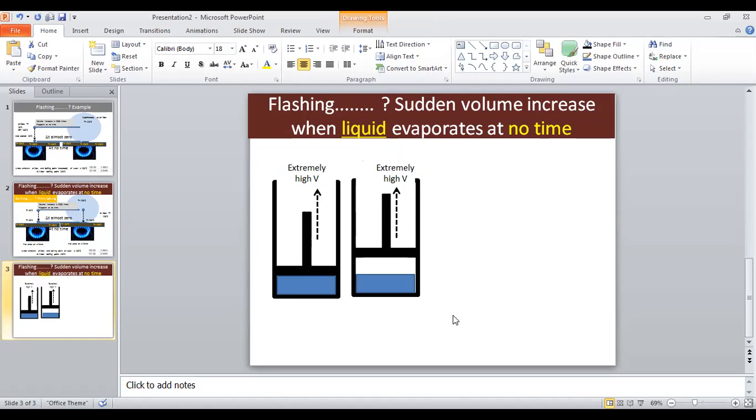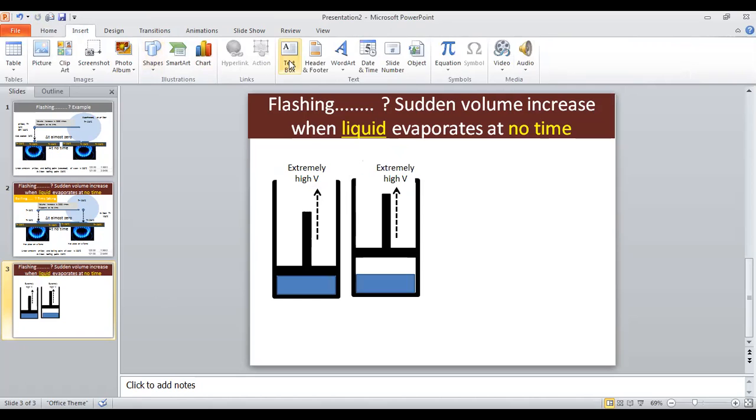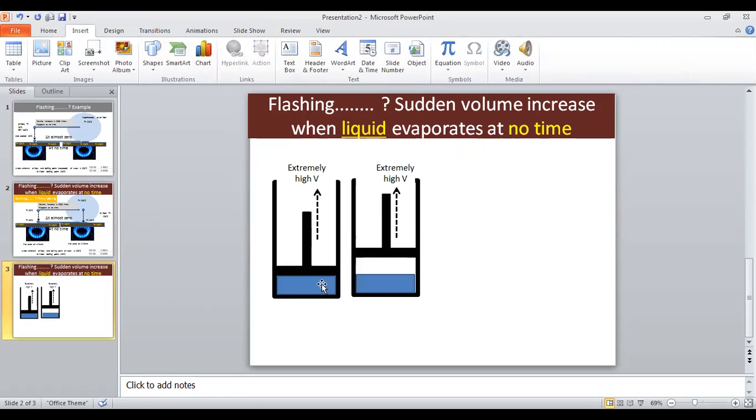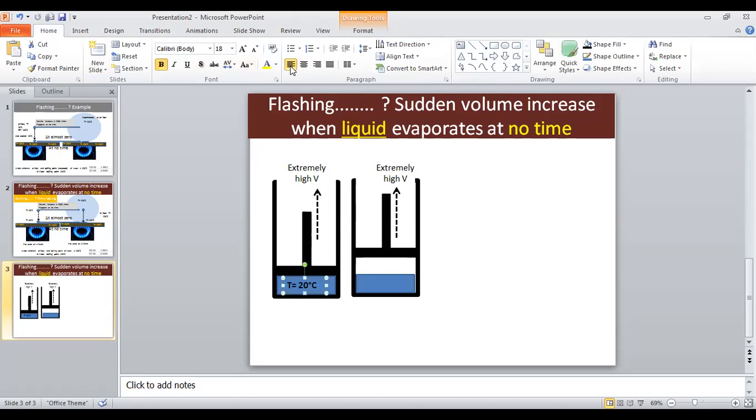What happens? Let's see. The temperature here is the same. Okay, the temperature here is 20.